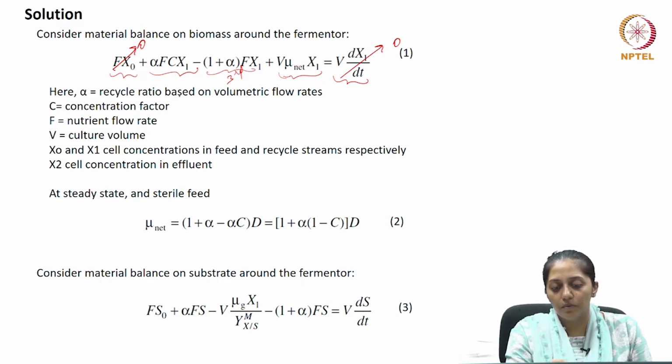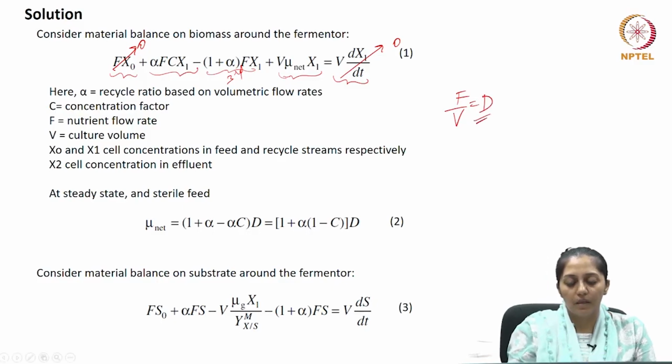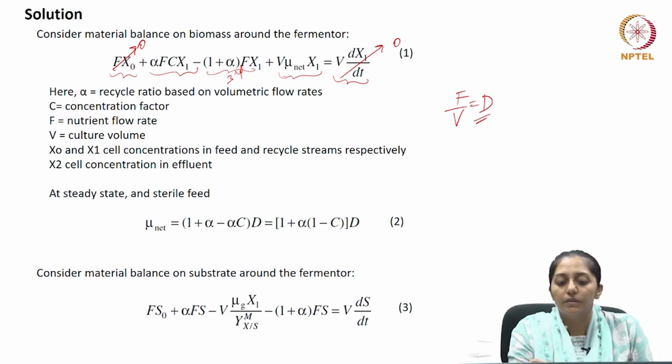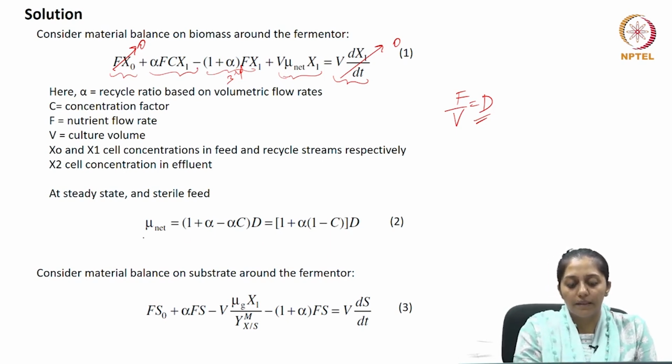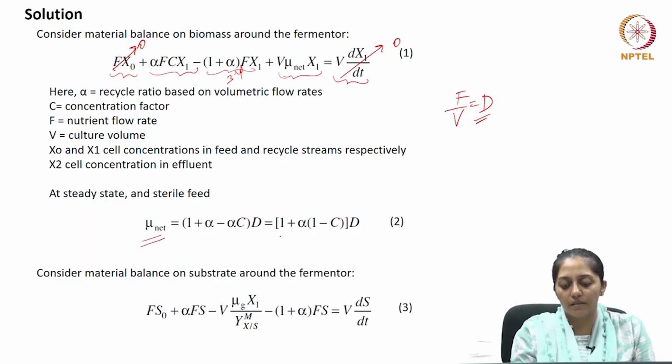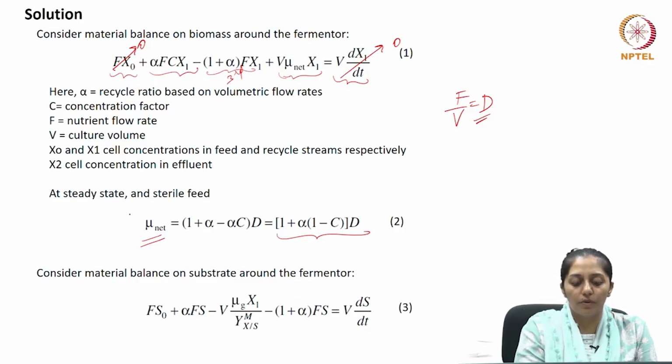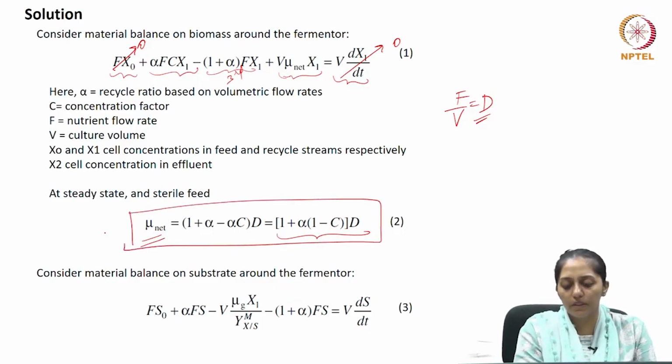So, if we do these equalities and put F by V as D, the dilution rate with no cell recycle, then we can determine the correlation in a cell recycle system shown here between the steady state specific growth rate and the dilution rate. At steady state, this will be the correlation which holds true for this system.